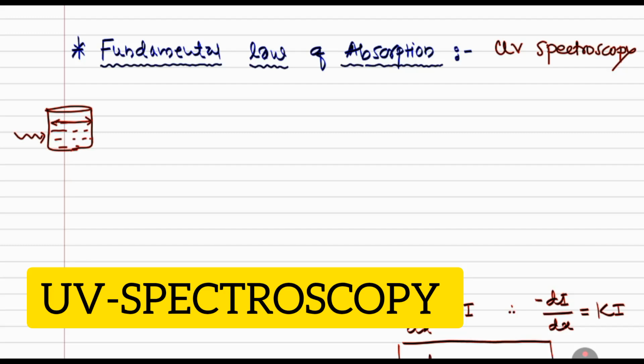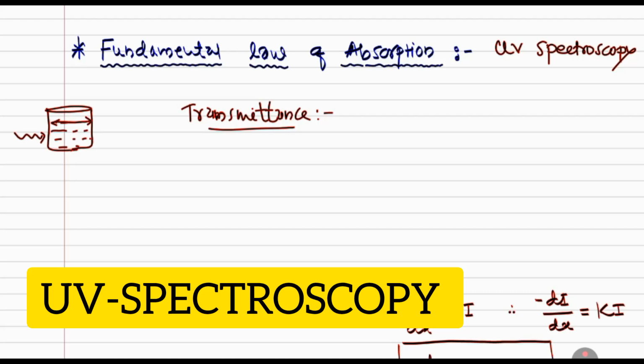With respect to the fundamental laws of absorption, you must know some terms. For example, what is the transmittance? One is called the transmittance. Transmittance is the ratio of the intensity of light transmitted by the sample to the intensity of incident radiation on the sample.